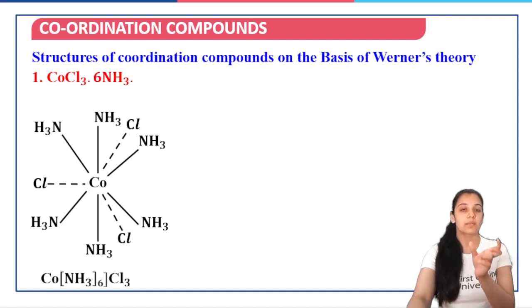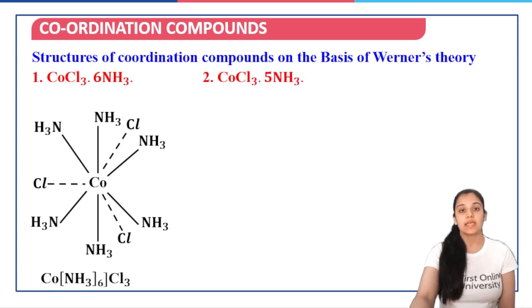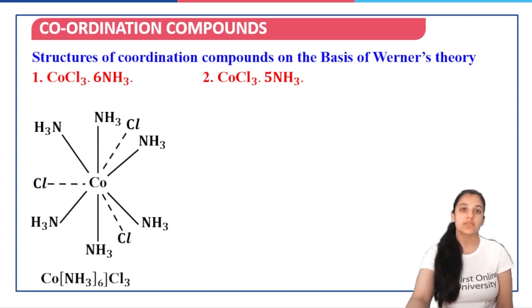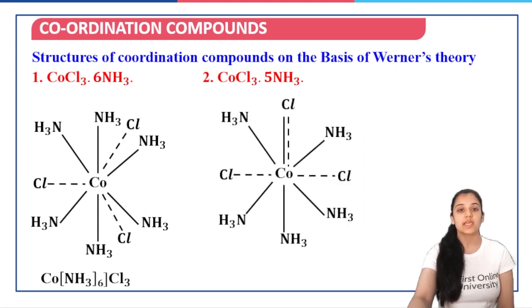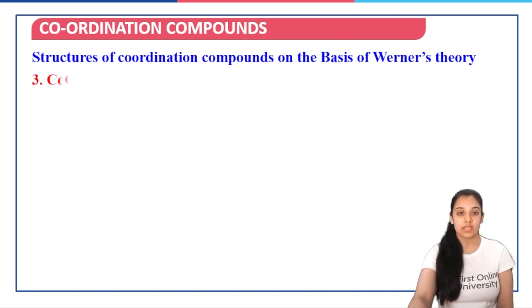And the actual formula is going to be written in this way. The next would be where we have 5 ammonia, but since we know that secondary valency remains the same, one of the Cl will go into the coordination sphere and there will be just 2 Cl left in the ionization sphere. So the formula is going to be written like this.